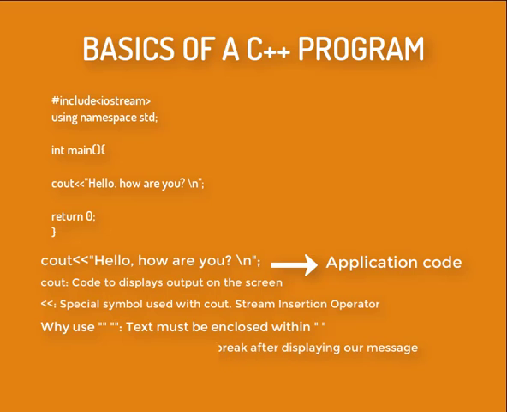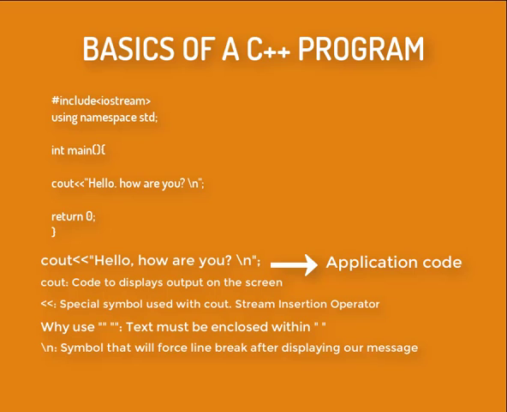You will also notice a symbol that is not part of the message, but it is there. It's called backslash n. Backslash n is called the new line escape character. Backslash lowercase n should be lowercase. What this symbol does is it introduces a line break after this line.